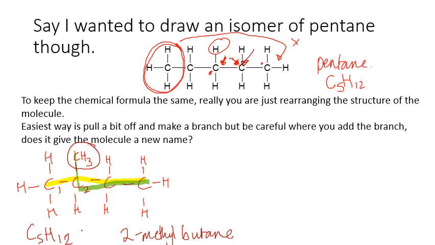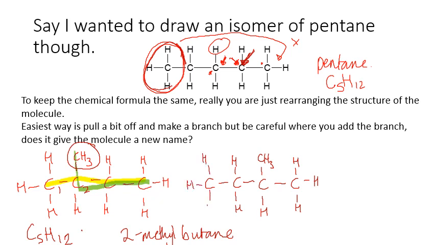In fact, just in case anyone doesn't understand what I'm talking about there, I'm going to do that just now. I'm going to draw this pentane, an isomer of this pentane, where I take that CH3 that we spoke about earlier, and I'm going to put it here on that other carbon. Okay, so can you see you would get a situation that looks like this.